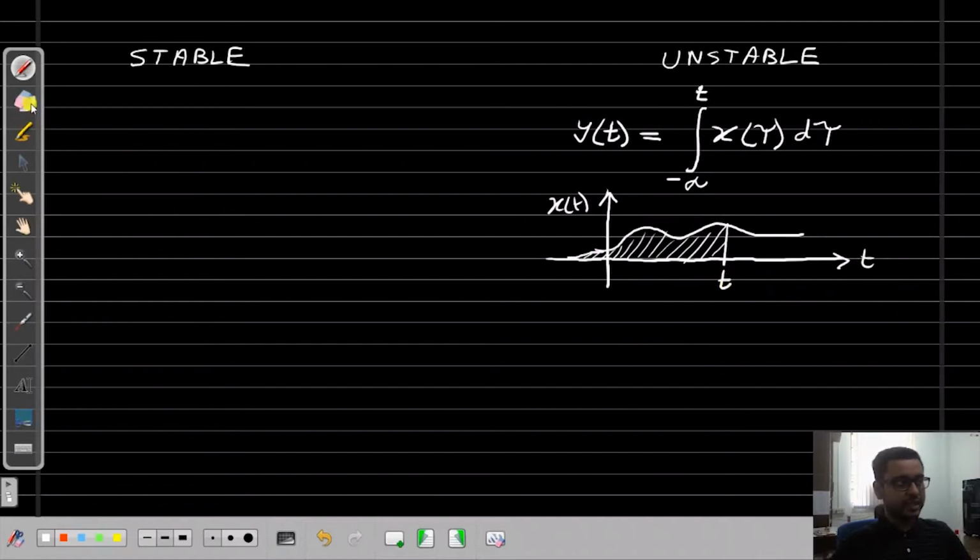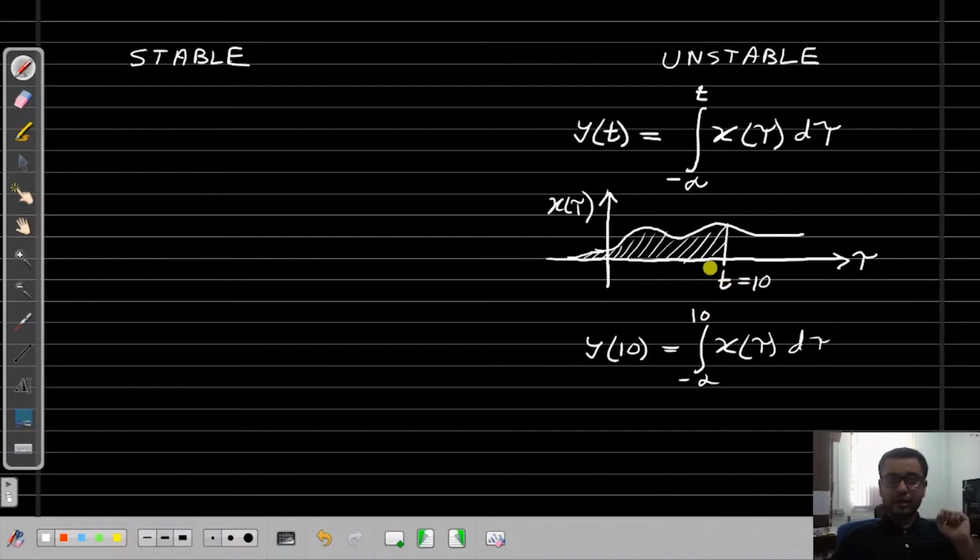To be mathematically rigorous, I write tau as a dummy variable. As an example, y of 10 will be the integration of x of tau d tau from minus infinity to 10, up to this point.